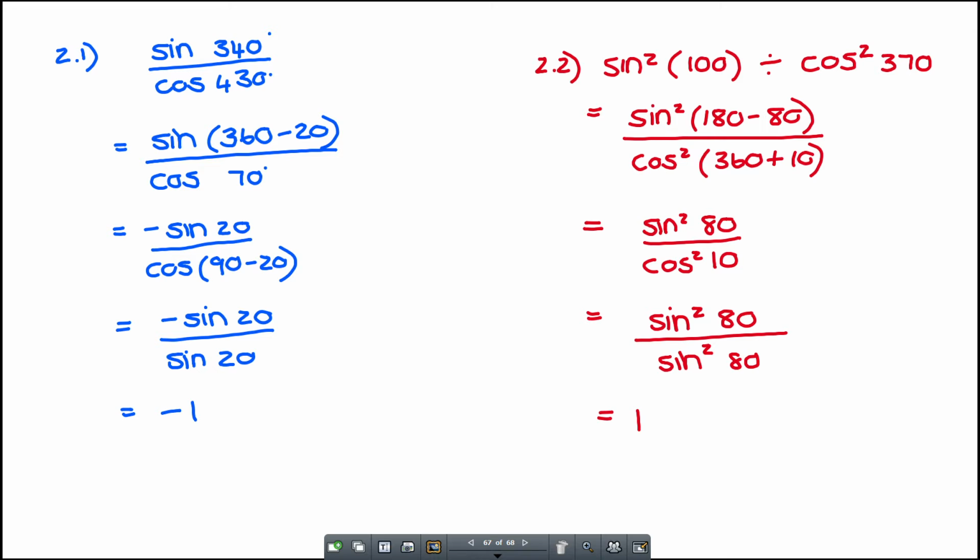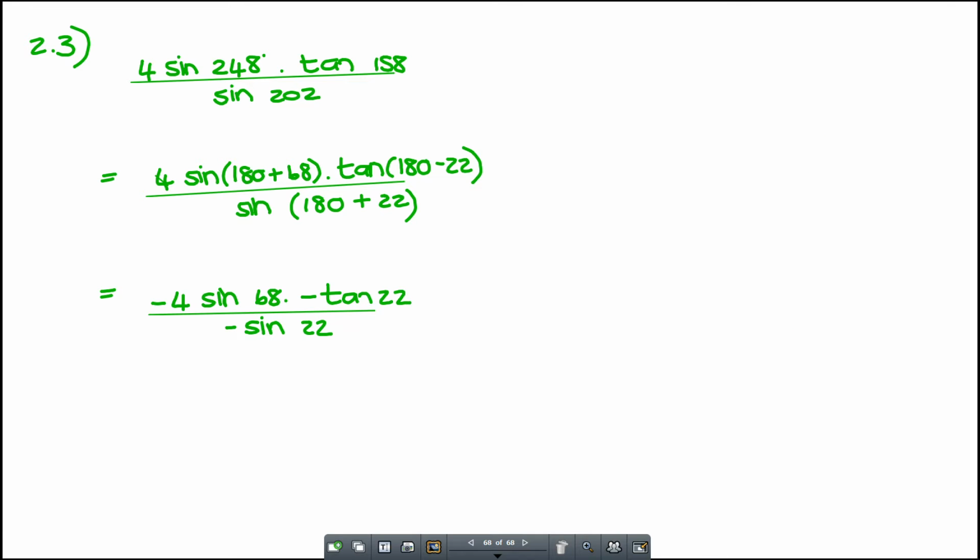Jy klaar? Okay, die rest van julle allemaal klaar? Goed. There is 2.3. Ek is net nog daar besig om te skryf. Waar het ek nou gekom?